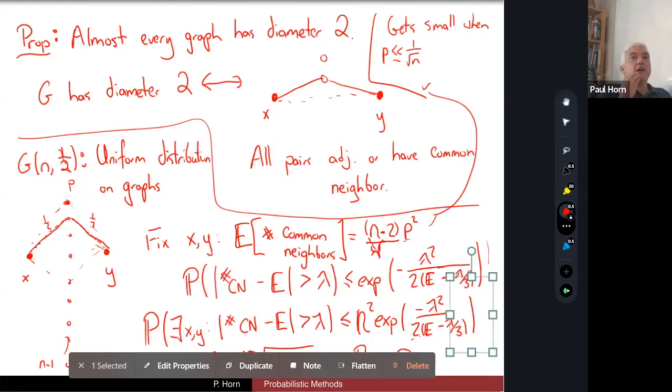If you're interested in random graphs in particular, there are several books. I don't think any one book is quite perfect, but there's a book of Janson, Łuczak, and Ruciński that's quite good, just called Random Graphs.